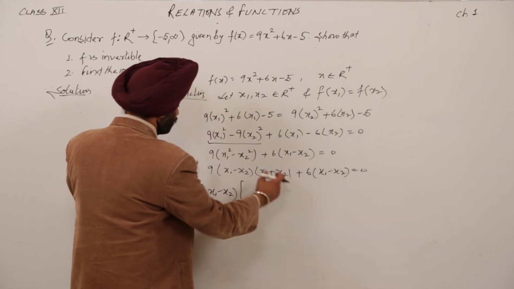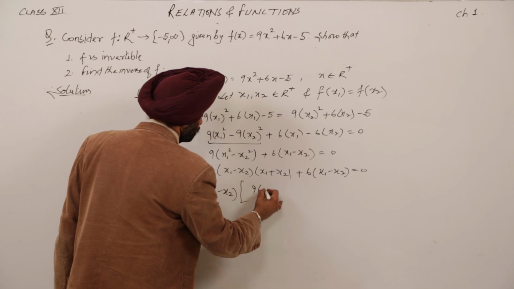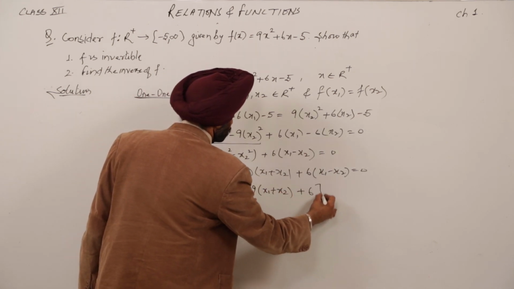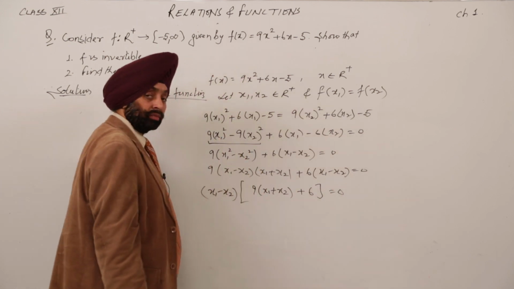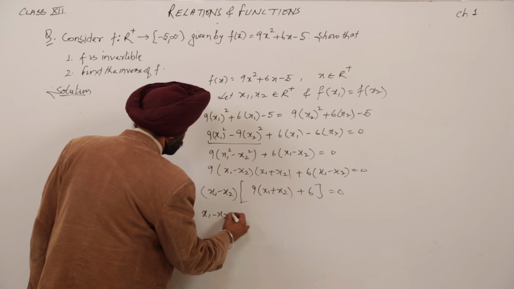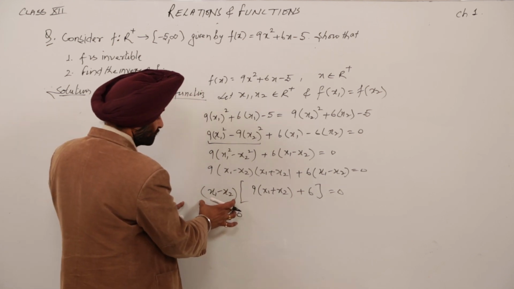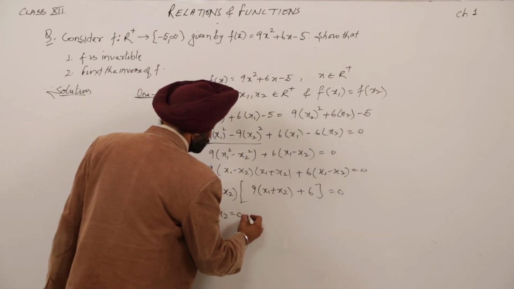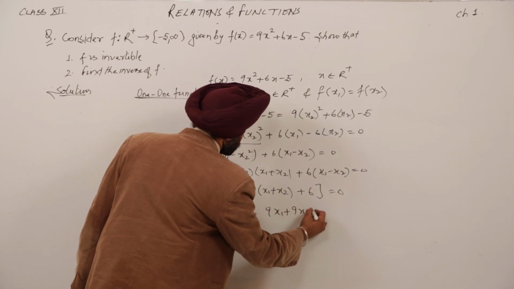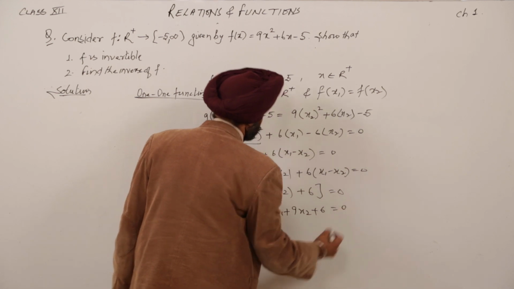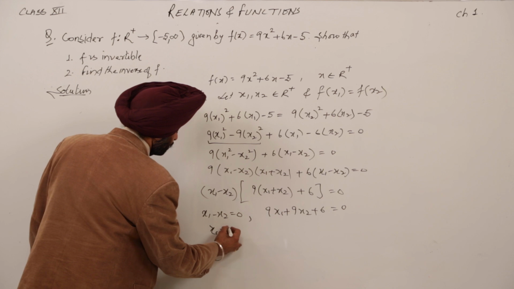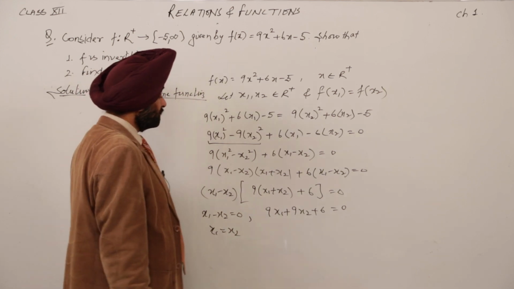From the first part we are left with 9(x1 + x2) + 6, only this is left. Now we have (x1 - x2) = 0 for one whole part, and 9x1 + 9x2 + 6 = 0 for the other part. So from the very first part, we have x1 = x2.